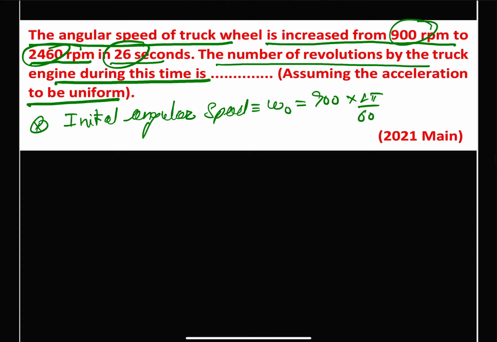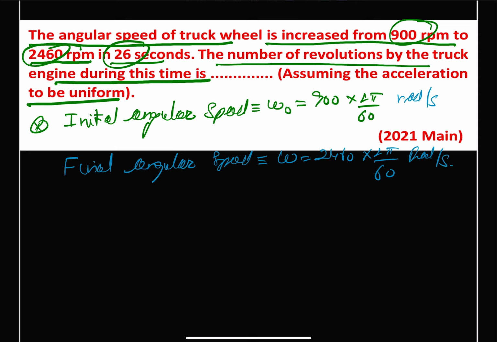And the final angular speed is omega, which is 2460 multiplied by 2π/60, and this comes as radian per second.